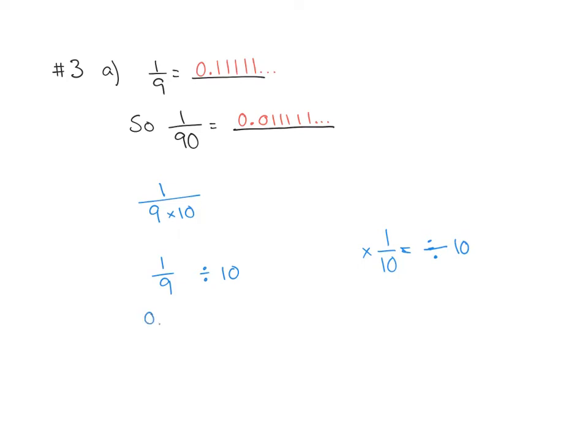So if we had 0.1 repeating and we divided it by 10, we'd move our decimal over one place, which would give us 0.01 repeating. So if there's a 0 here, we just need to add an extra blank space before the repeating digits. The first number won't actually be repeating.